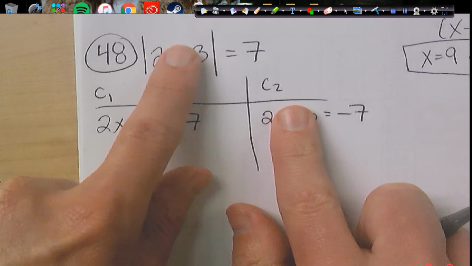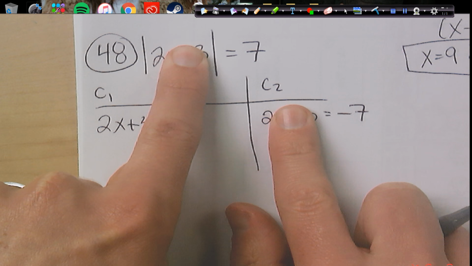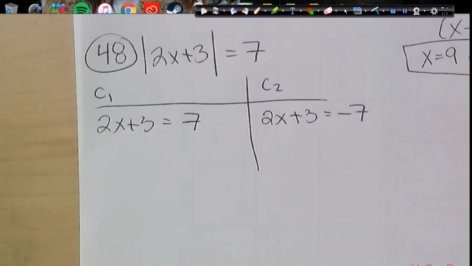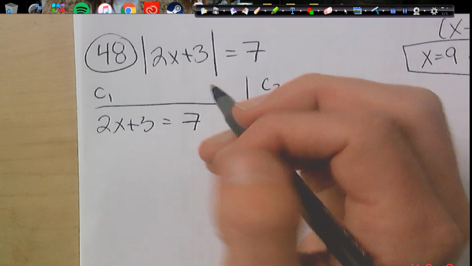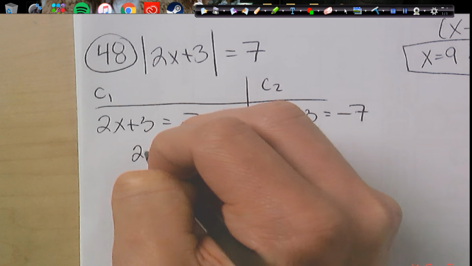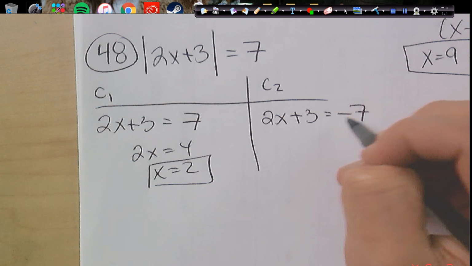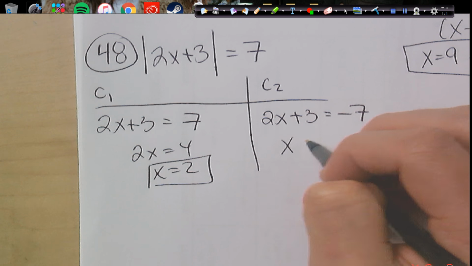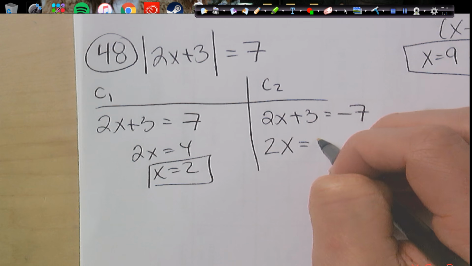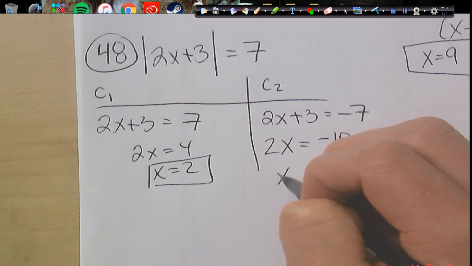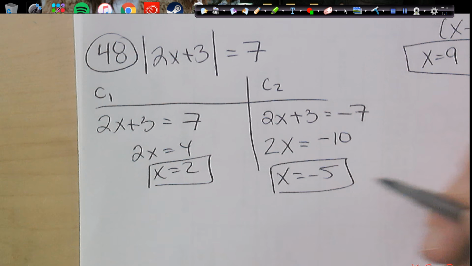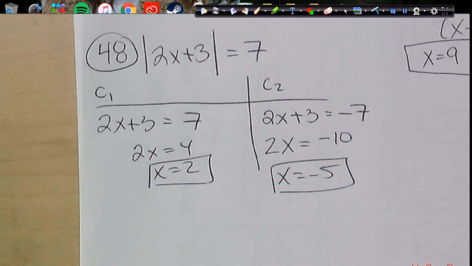If this whole thing was negative 7, and we took the absolute value, it still equals 7, so we get two different cases. So we just algebraically solve these. Subtract 3, we get 2x equals 4, x equals 2. Or over here, we subtract 3 to get negative 10, divide by 2, and we get x equals negative 5. So either one of those two equations would reach us our answer.